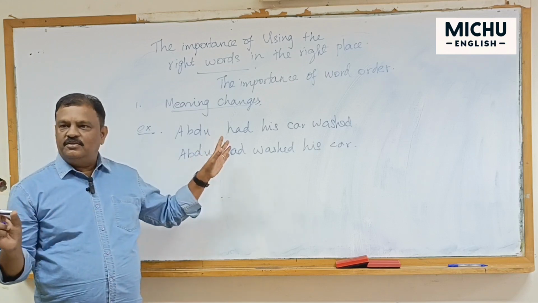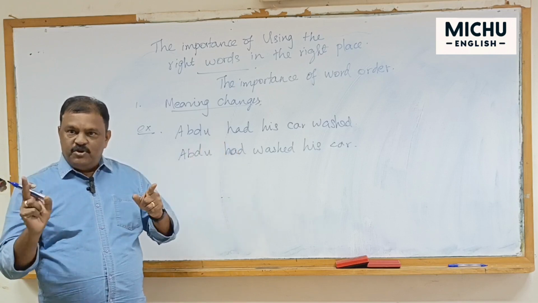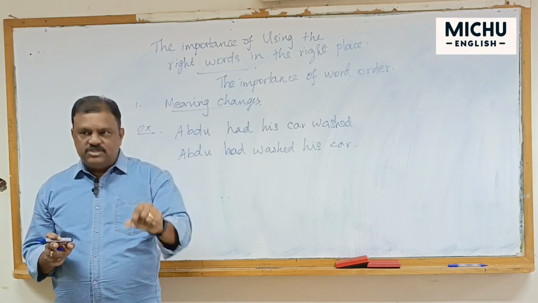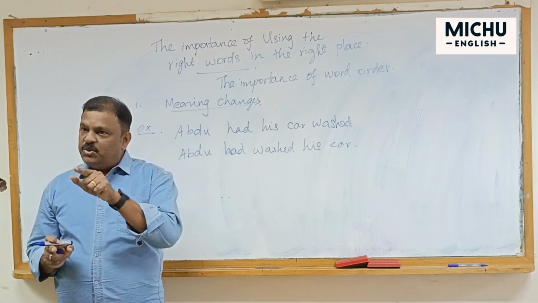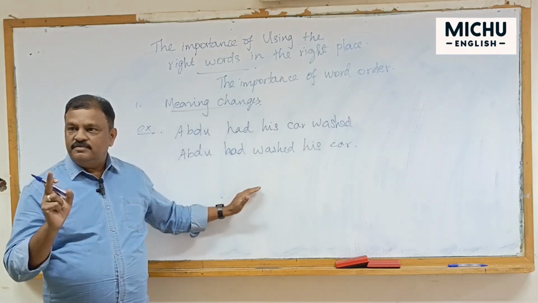Do you understand or no? Suppose you want to say that you washed your car by yourself. Then you will have to know in writing how to arrange the words in order.